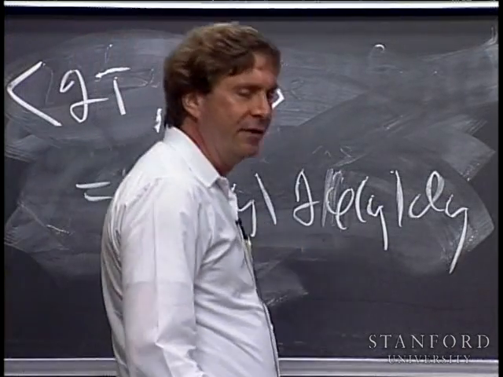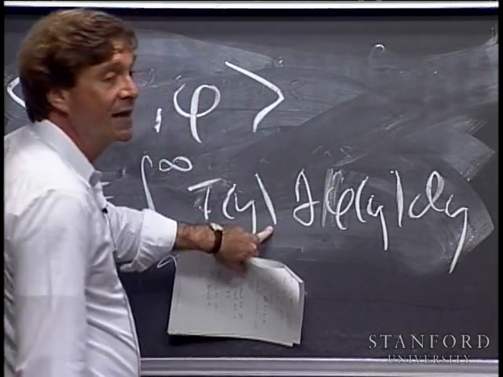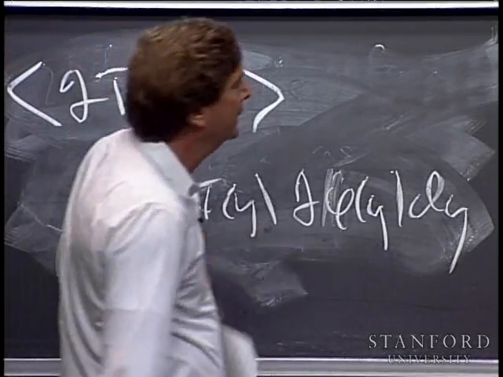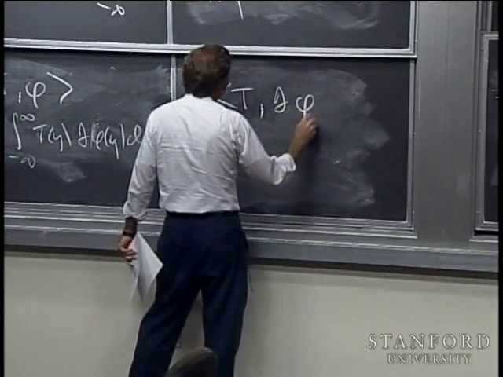All right? If everything is as nice as possible and the pairing is given by integration, then what has occurred by our following our trusty pencil is that this is the pairing of t with the Fourier transform of phi.